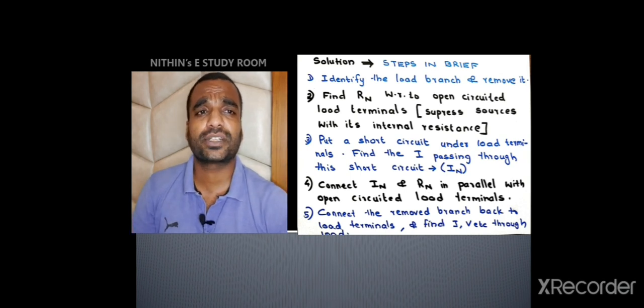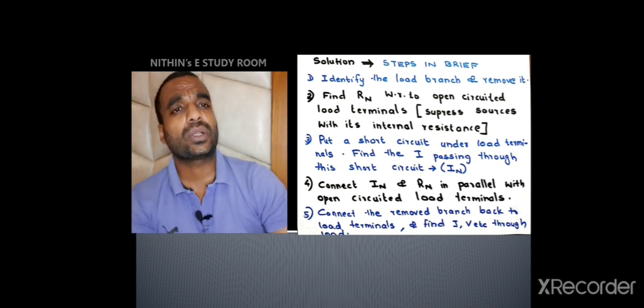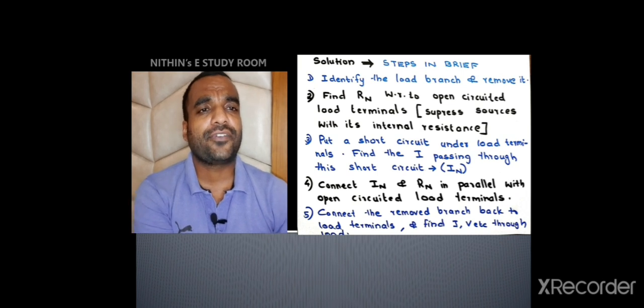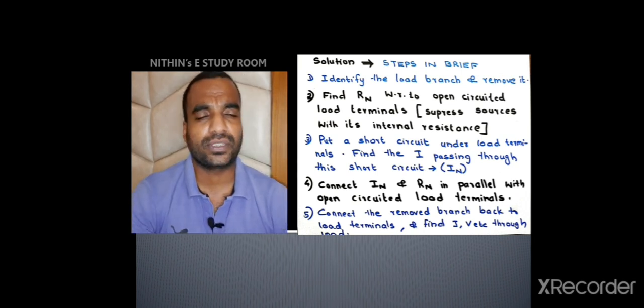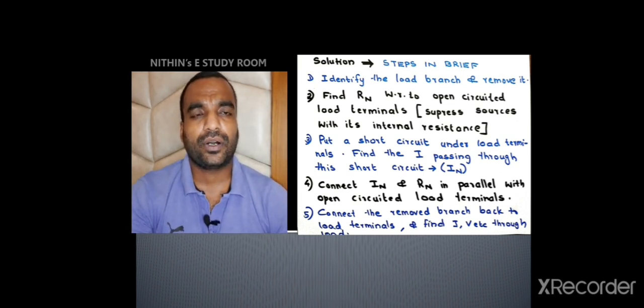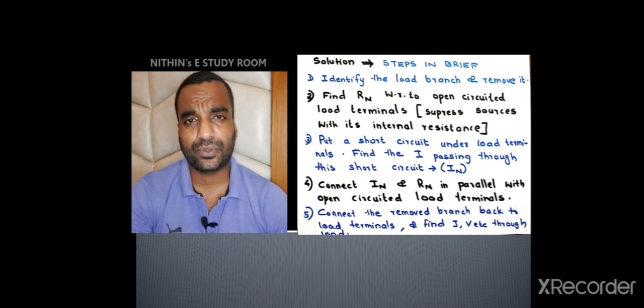I put a short circuit across the load terminals and find the current passing through this short circuit. Already you removed the load branch between A and B, so now it is an open-circuited circuit.